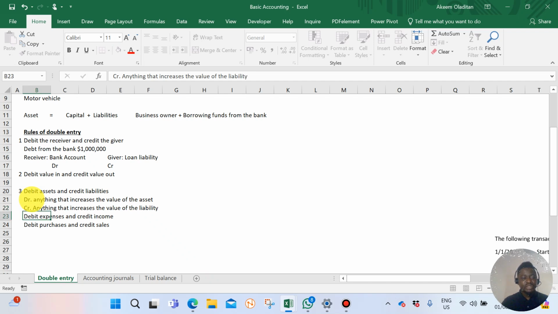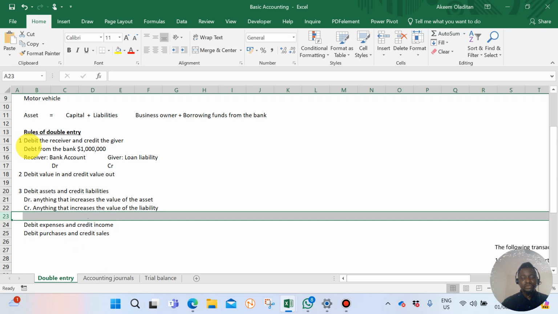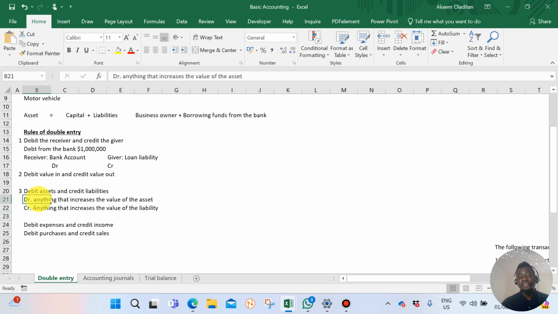So liability is the money owed to somebody, like the bank loan is a liability, maybe trade payable is a liability. So when at any point in time the loan increases, like this one for instance, the number one rule, you said because we got a loan from the bank, that loan liability, you say that we have credited it.